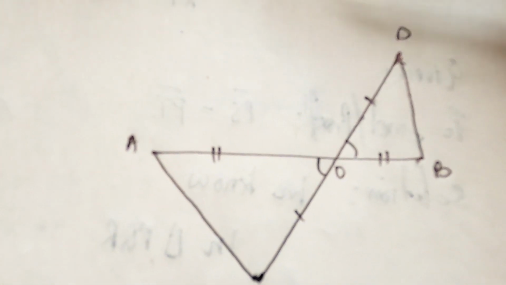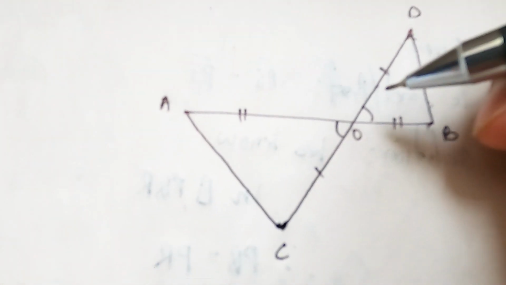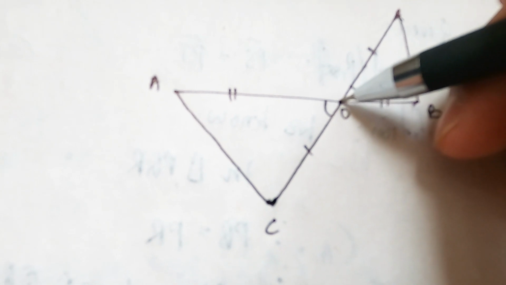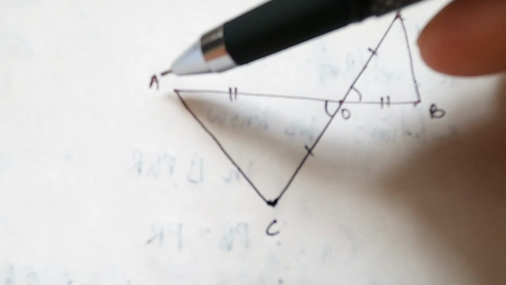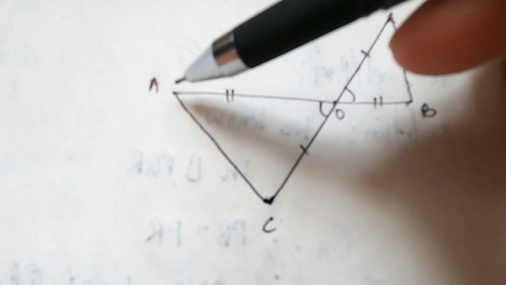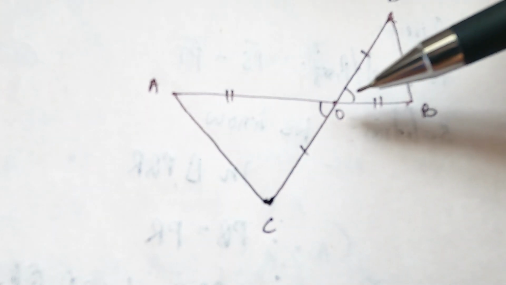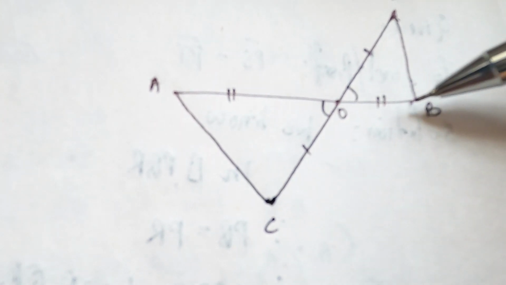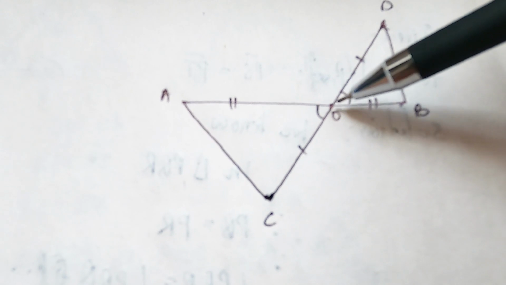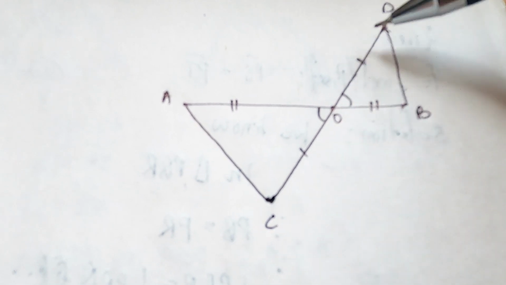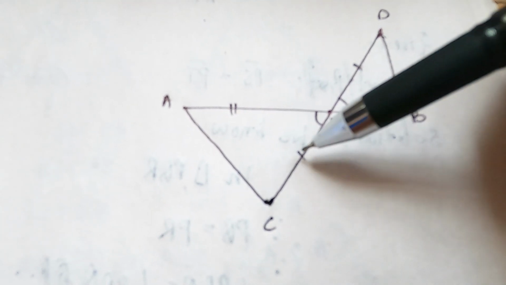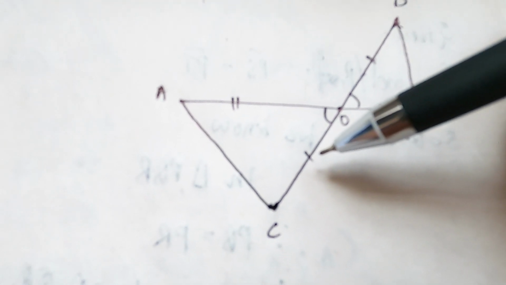So in this case, now O is the midpoint. So if O is a midpoint, it divides AB into two equal parts. So AO will be equal to OB, and also since O is the midpoint of CD, therefore OD will be equal to OC. All right.